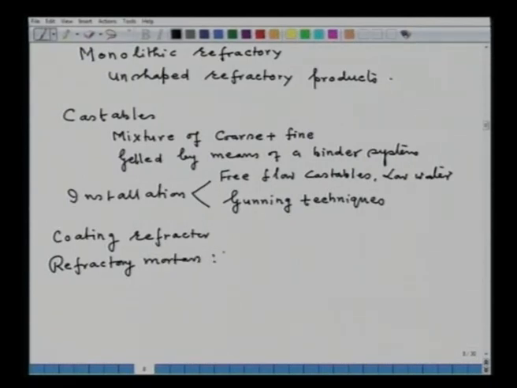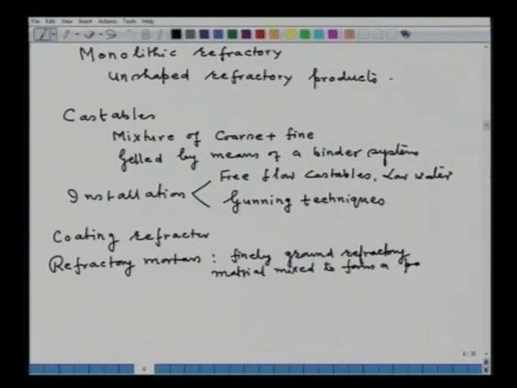They are finely ground refractory material, mixed to form a paste.